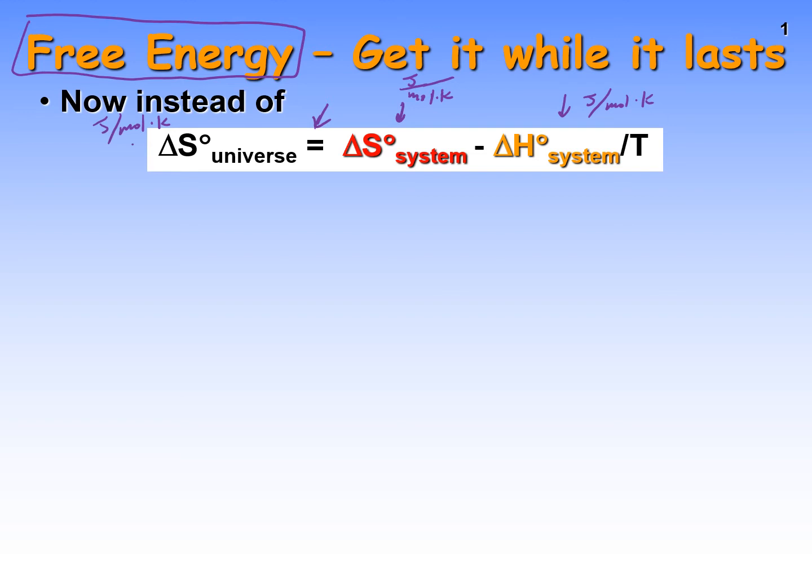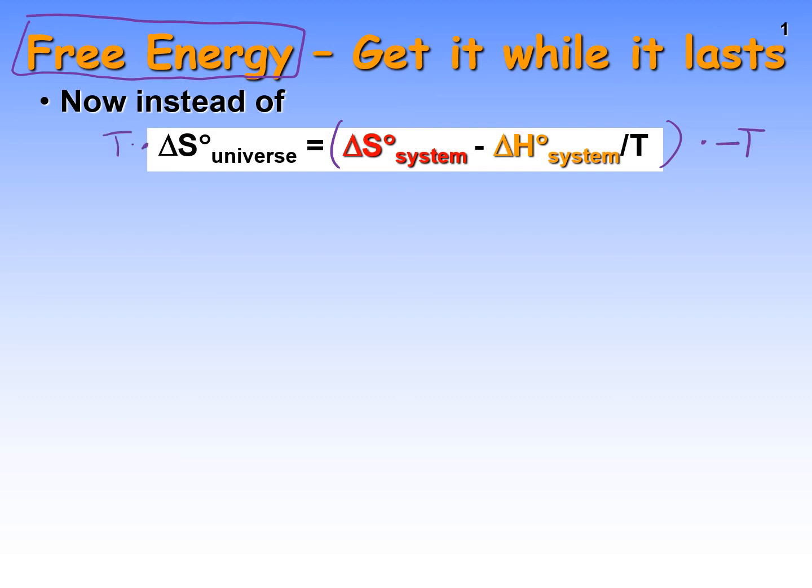Generally, we'd rather it be in joules per mole or just joules when we're looking at these types of systems, because we want to know how much energy is either being formed or required for our system. So we're going to rearrange this equation by multiplying both sides by negative T.